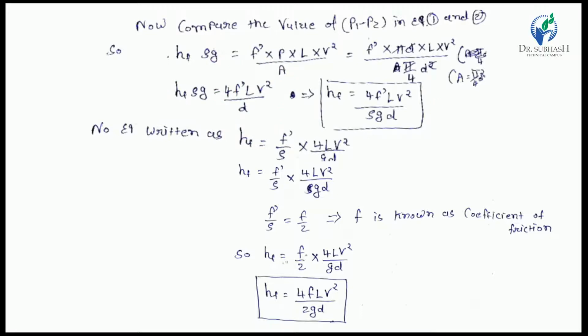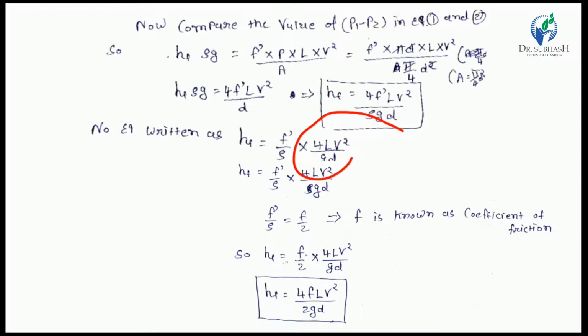Now rho g is moved to the right side. So HF is equal to 4 F dash L V square upon rho g d. Now the equation is written in this form: F dash upon rho is taken aside, and the other elements are taken combinedly: 4 L V square upon g d.